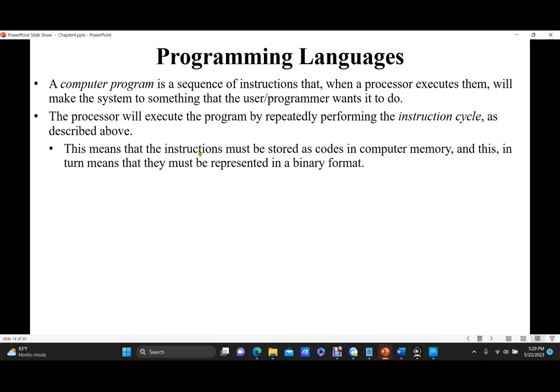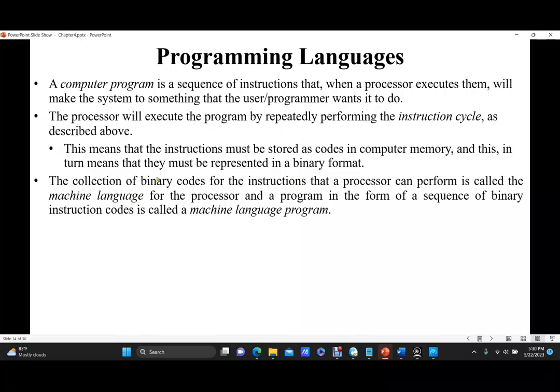That means, of course, that these instructions have to be stored in computer memory for the processor to access them, stored as codes for the instructions. And that means all of them have to be represented in a binary format, because that's how computer memory stores things.